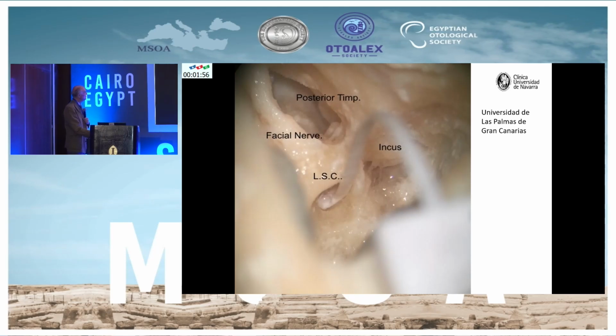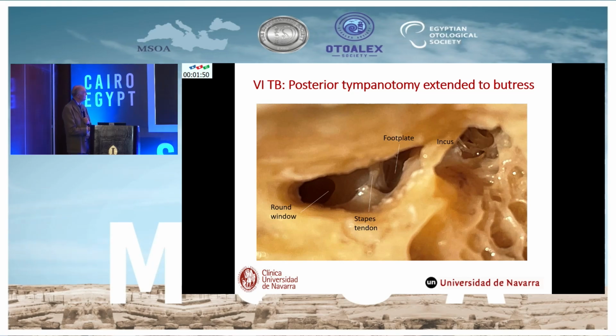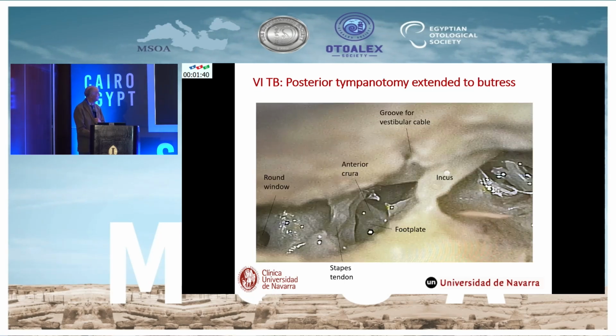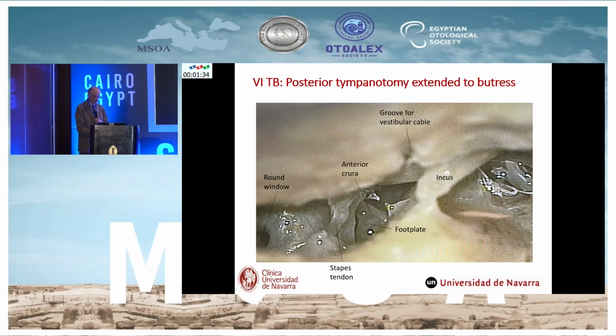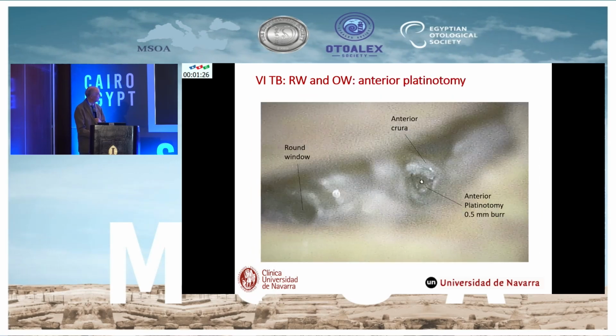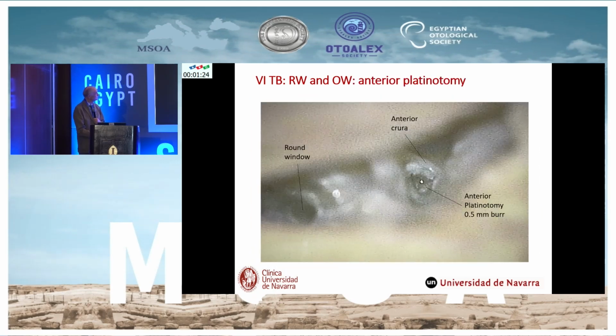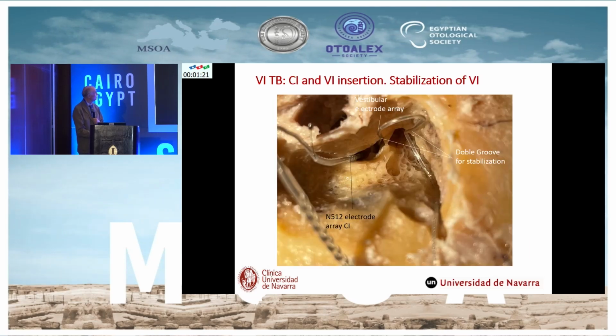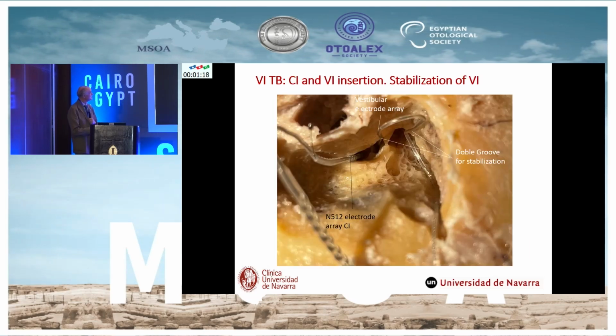And the second one that we are using today is to perform a double approach, one for the cochlear implant through the round window, and also to the footplate to perform a platinotomy close to the anterior crus, and in that place to have the possibility to perform a platinotomy with a laser and introduce the electrodes of the vestibular implant, like you see in this slide.